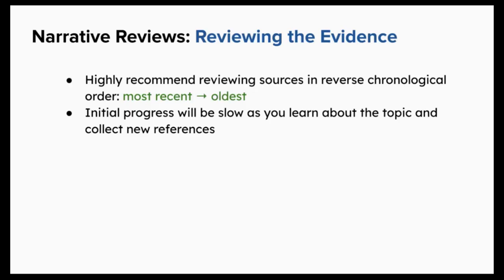They'll still have references to those. So you won't miss out on the most important research that's done a long time ago simply by going newest to oldest. Depending on how familiar you are with the topic, it's going to be relatively slower at the start. It's going to be much slower if you're not familiar, and you might be totally fine if you are familiar with the subject.